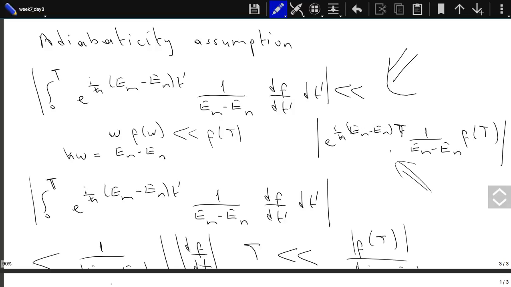But in fact, that condition can be almost trivially satisfied if f is almost constant. Or we can say that if that condition is satisfied, then the derivative of f will be small.